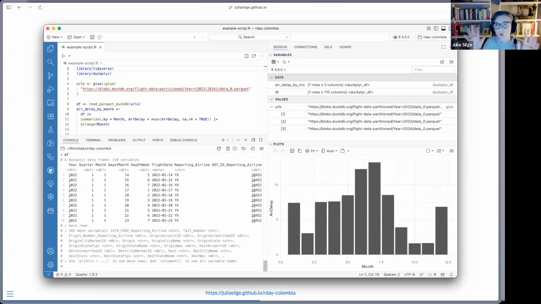Instead, we're doing lazy evaluation queries, where we don't even have data yet on how many rows are there. If I were to bring it into memory, I could then use it for visualization. Here we see the delays through the year, the average delay through the year.